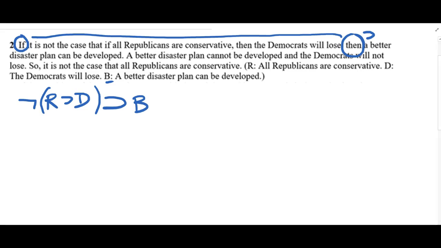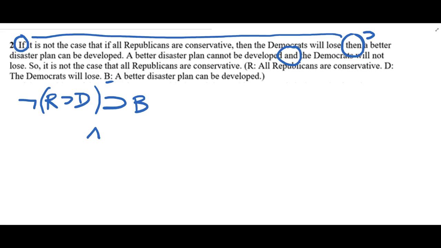A better disaster plan cannot be developed and the Democrats will not lose. So you can see that this is an and statement. So the main logical operator will be this symbol. And now all we have to do is take care of the two sides. A better disaster plan cannot be developed.